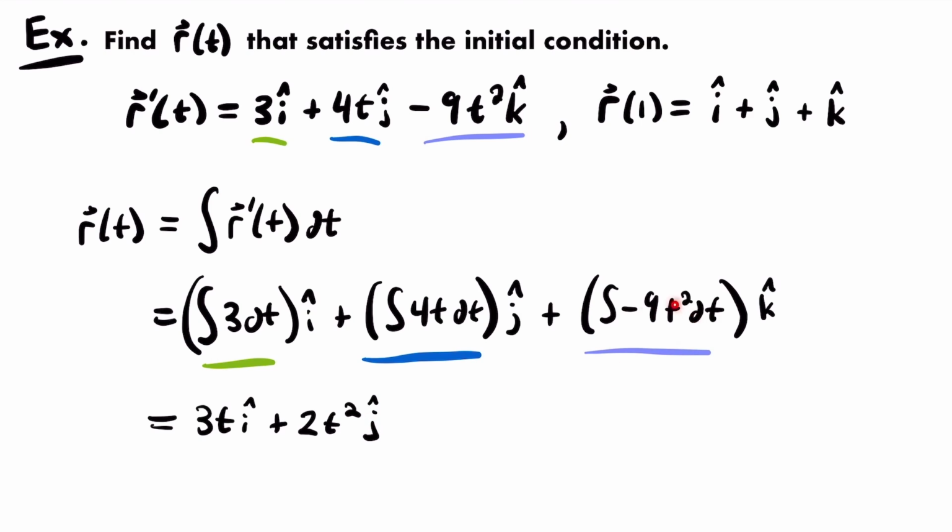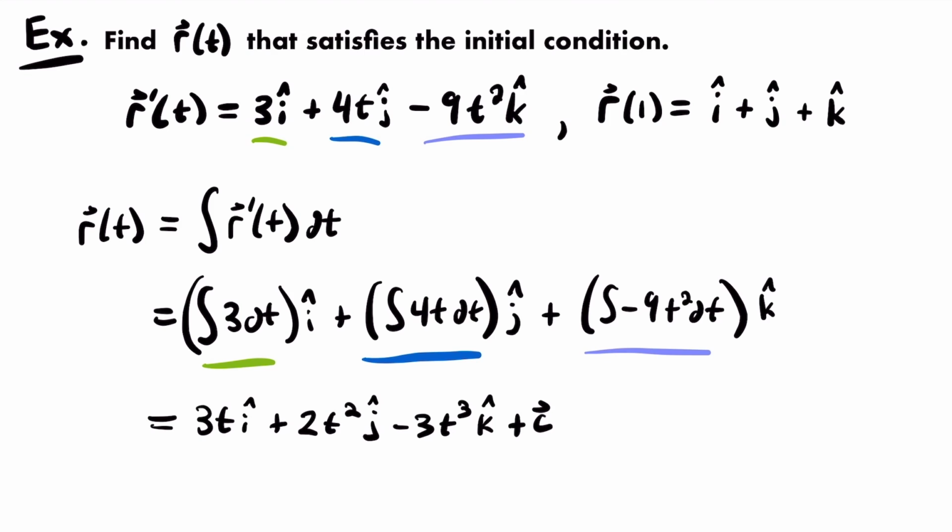And then finally, for this integral, we will use the power rule of integration again. Add 1 to the power, so we'll have t cubed, and then divide by 3. Negative 9 divided by 3 is negative 3. So we'll have minus 3t cubed times k. And then don't forget your constant of integration, or the vector constant of integration, c.